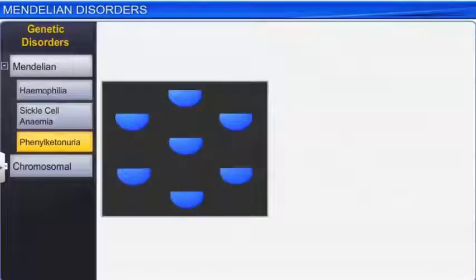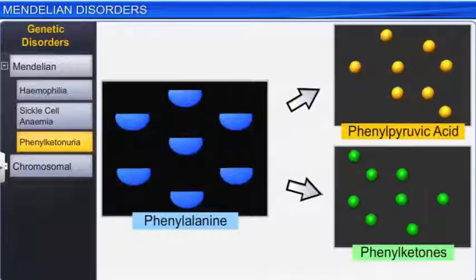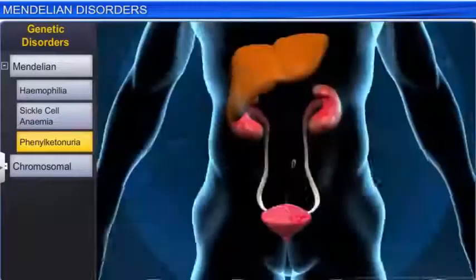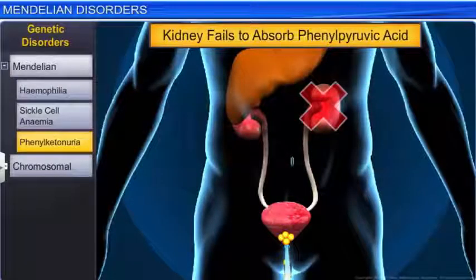As a result, phenylalanine accumulates in the body and gets converted into phenylpyruvic acid and other derivatives. Phenylpyruvic acid is even detected in the urine as the kidneys fail to absorb it.